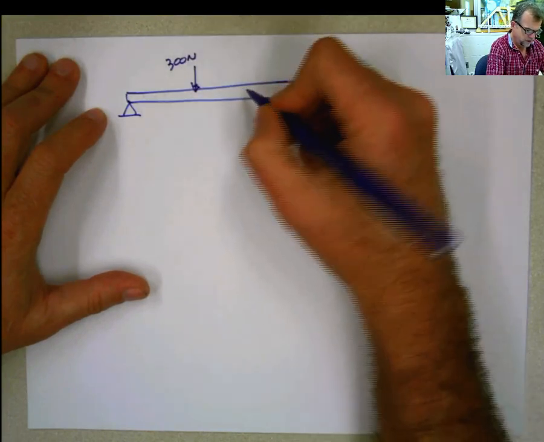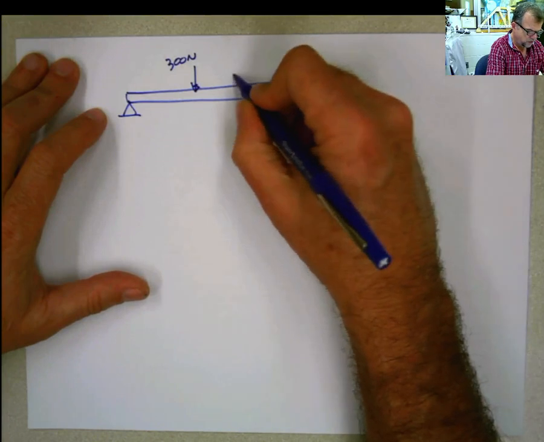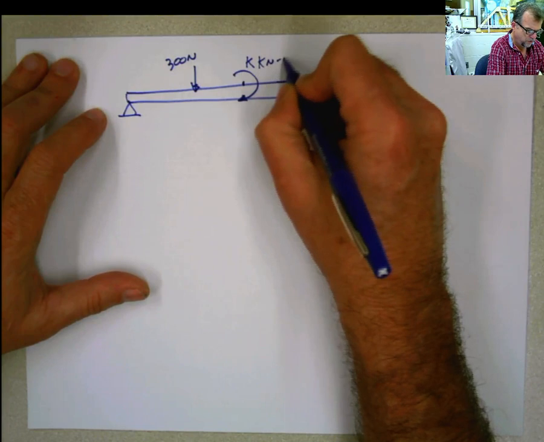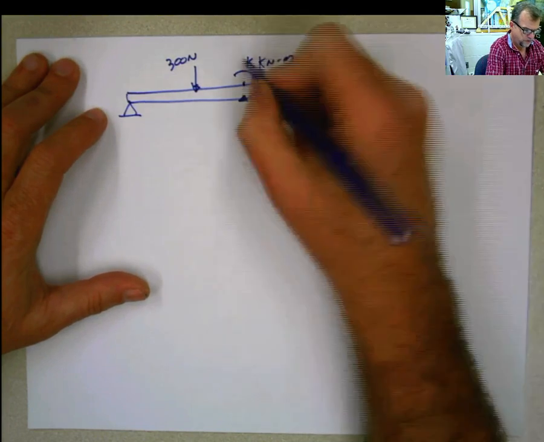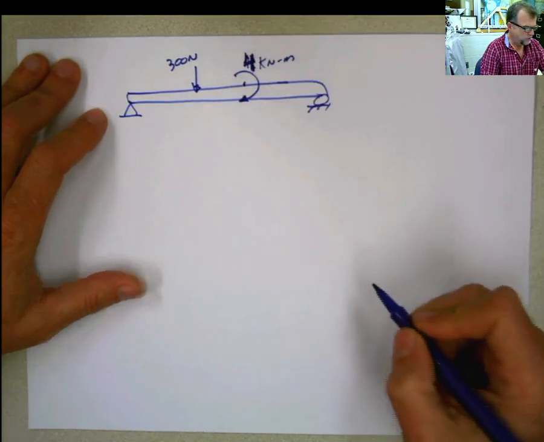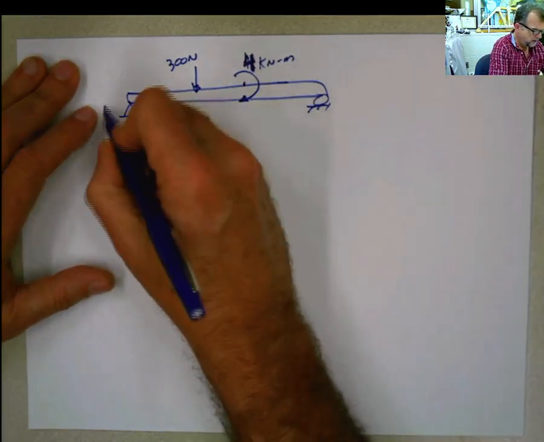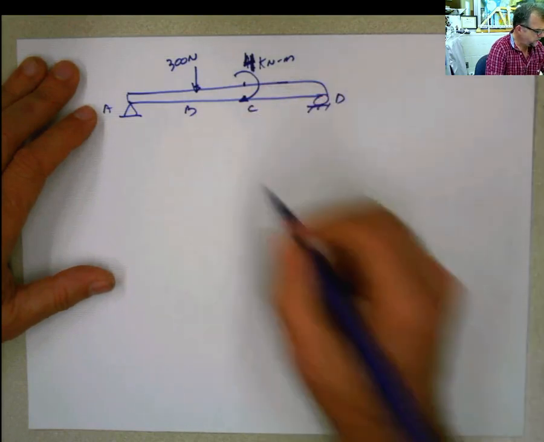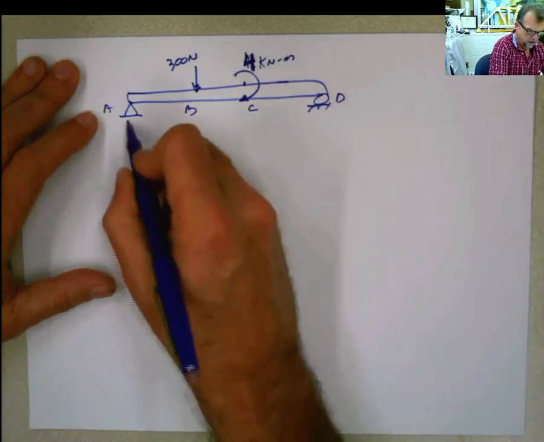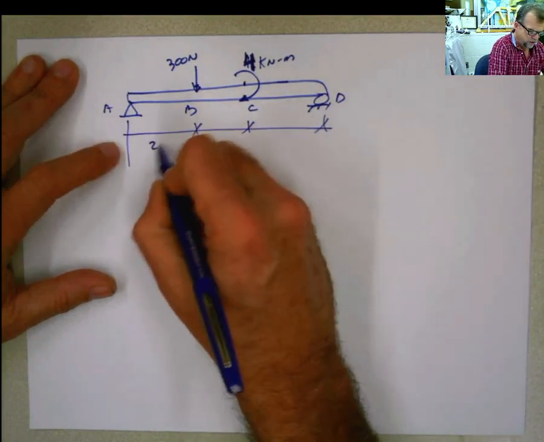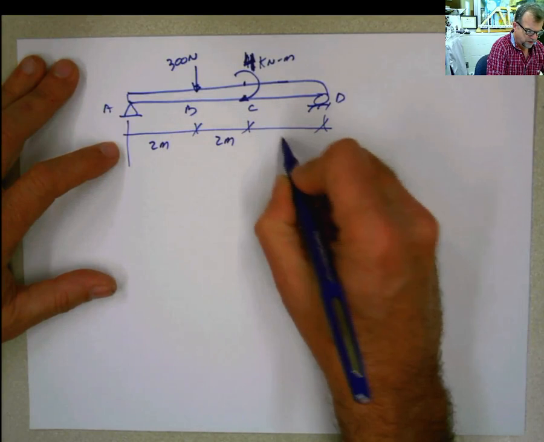And then you have another moment here now of 4 kilonewton per meter. This is the point A, B, C, D, and so on. This is 2 meters, this is 2 meters, this is 3 meters.